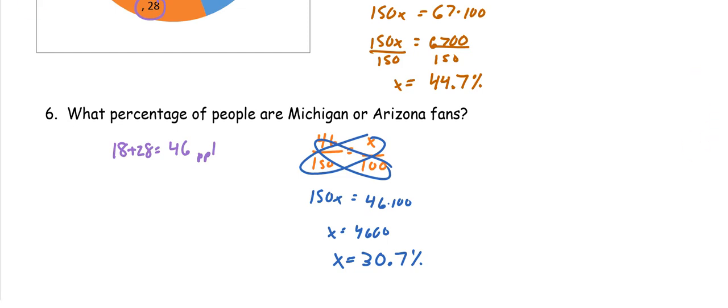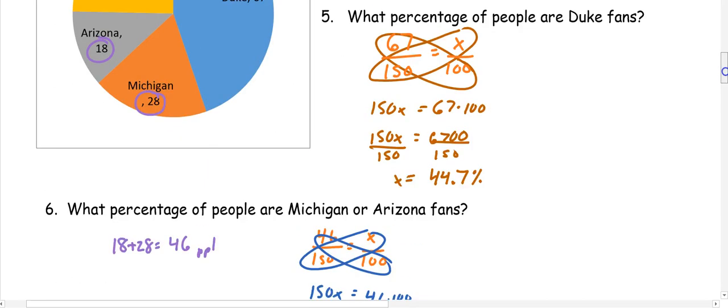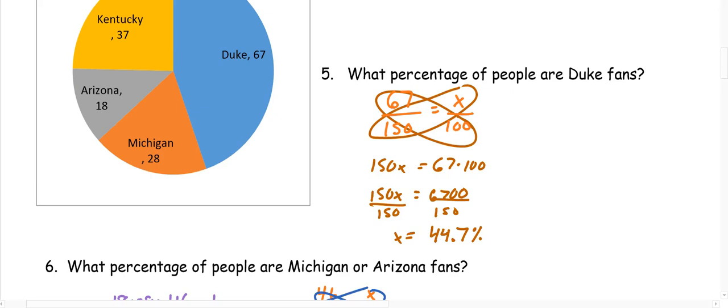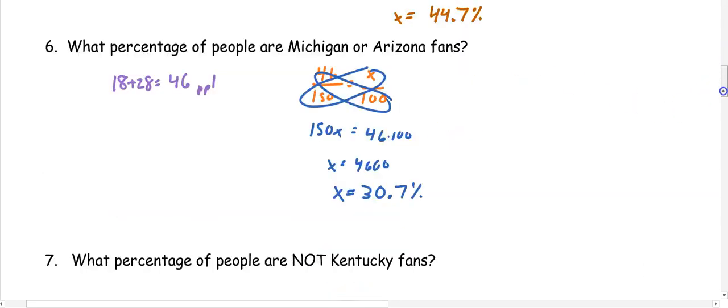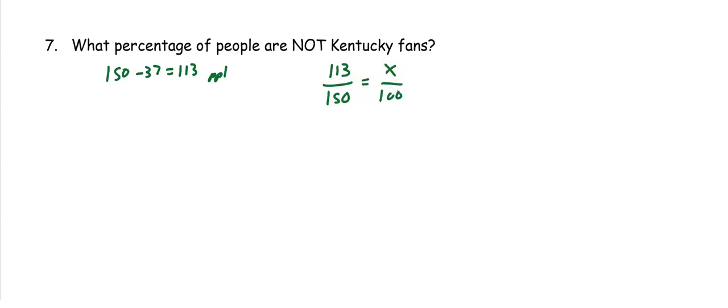The last question says, what percentage of people are not Kentucky fans? So we see that there are 37 Kentucky fans, and we know that there were 150 total people surveyed. So 150 minus 37 is 113. So we're going to have 113 over 150 total survey equals x over 100, and we're going to cross multiply.